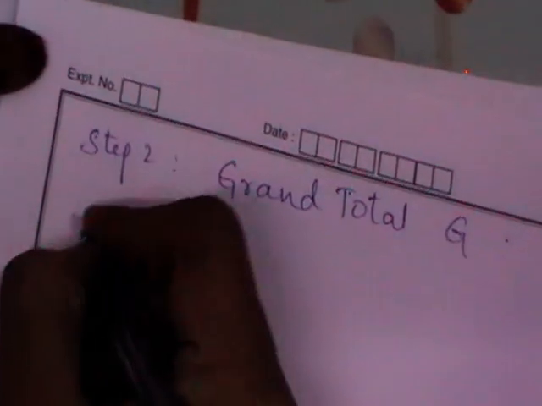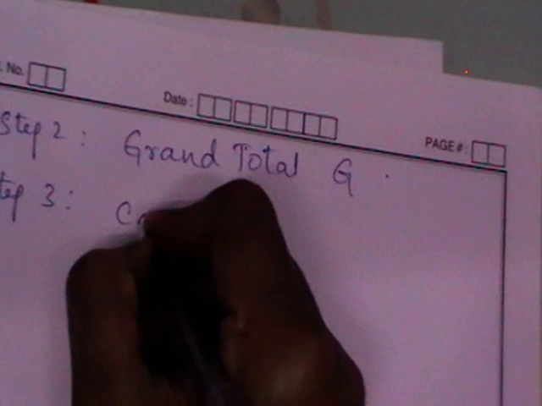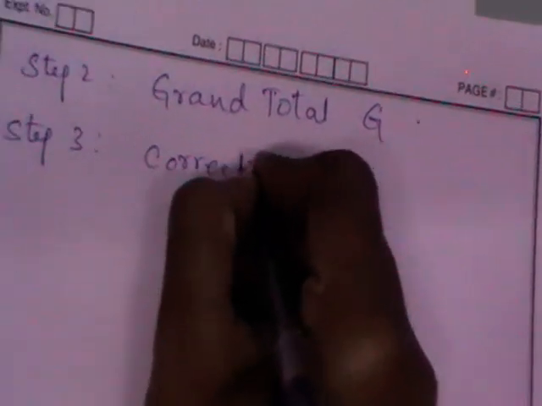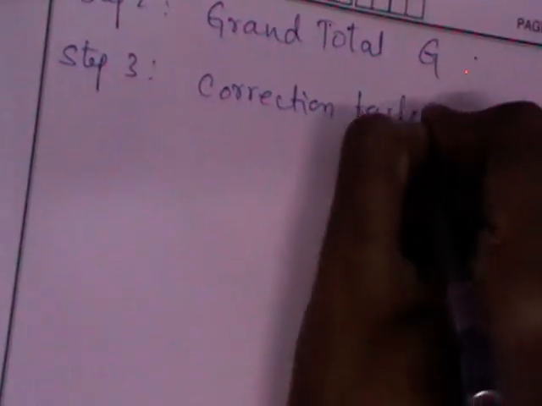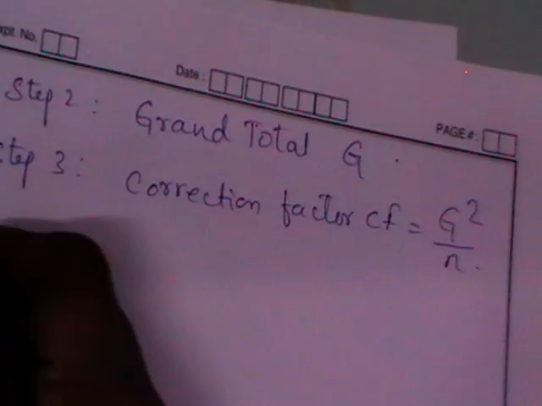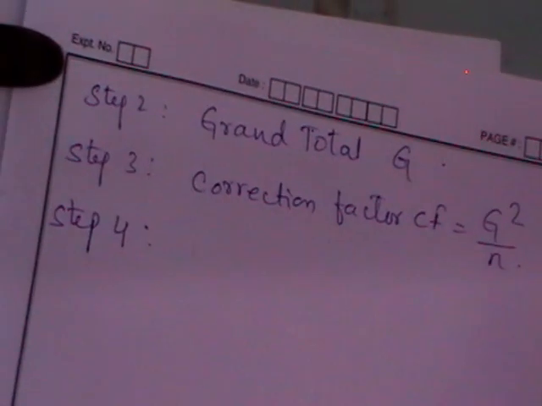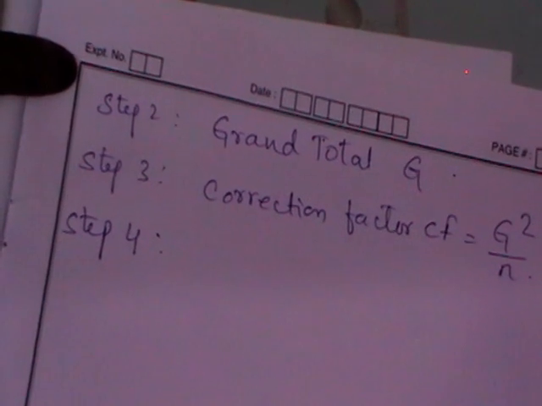The grand total we indicate with G. Step 3 is to calculate the correction factor, which we indicate with CF, given by G square by N, where N stands for the total number of observations. Anyway, you'll understand this better when we deal with a numerical problem.